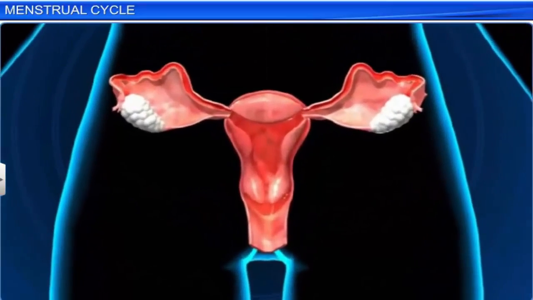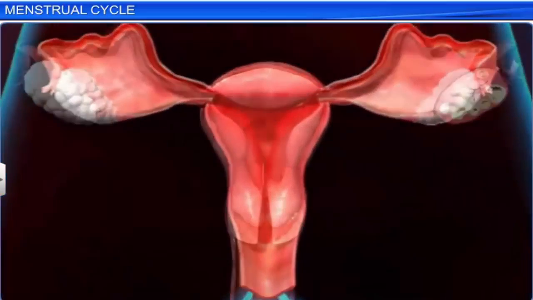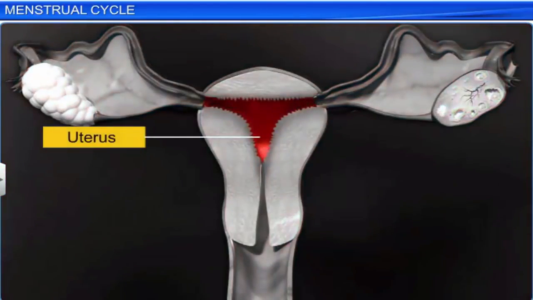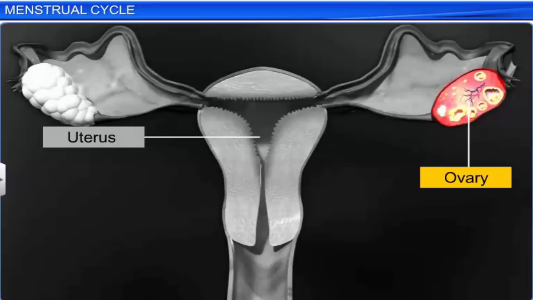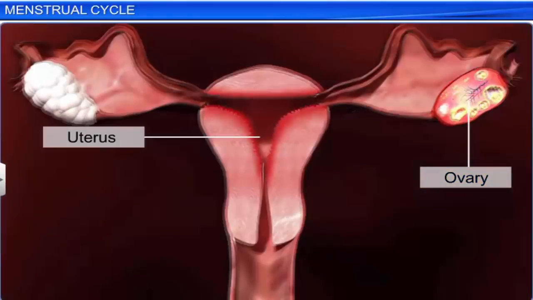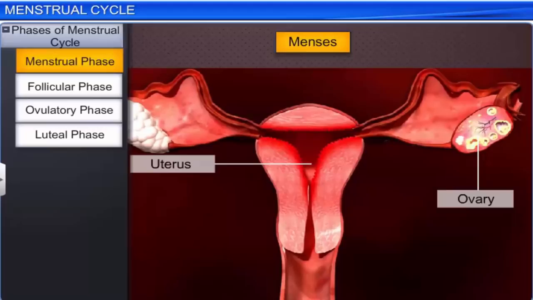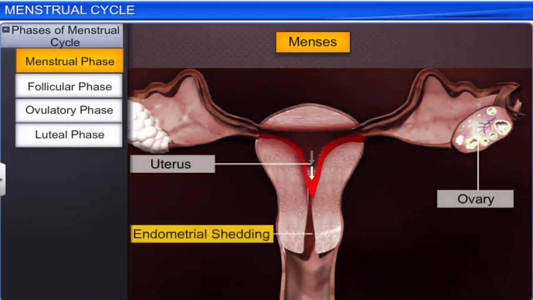Each phase of the menstrual cycle is marked by simultaneous changes in the uterus, ovary, and the secretion of hormones. For instance, during the menstrual phase, the endometrial lining of the uterus and its blood vessels break down and mix with blood, mucus, and other cell debris to form menses.